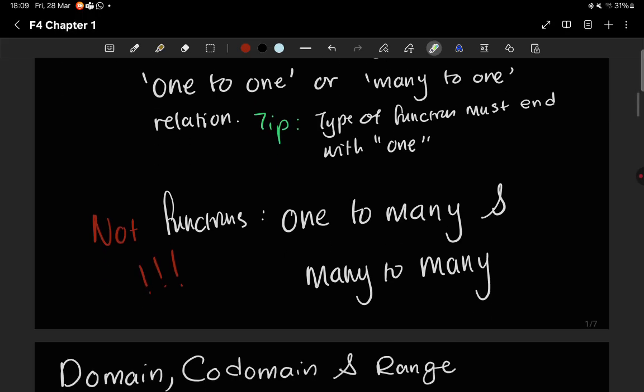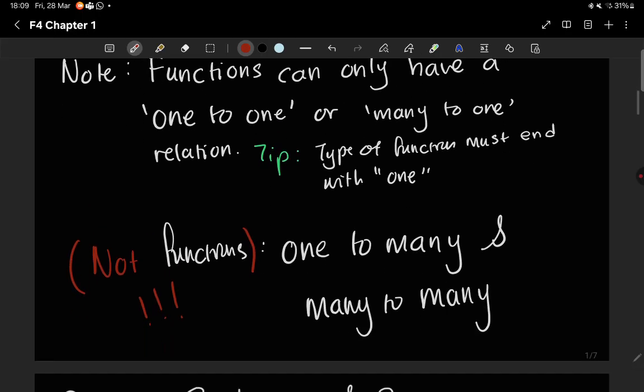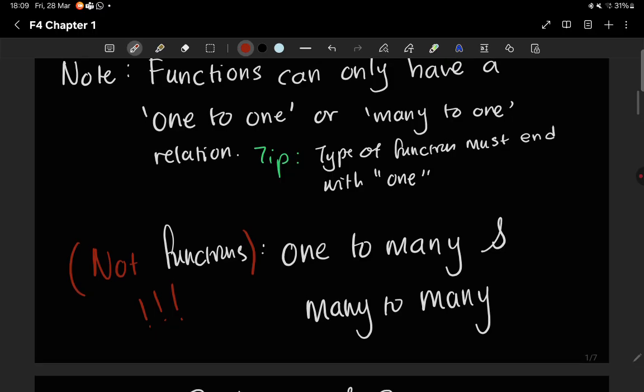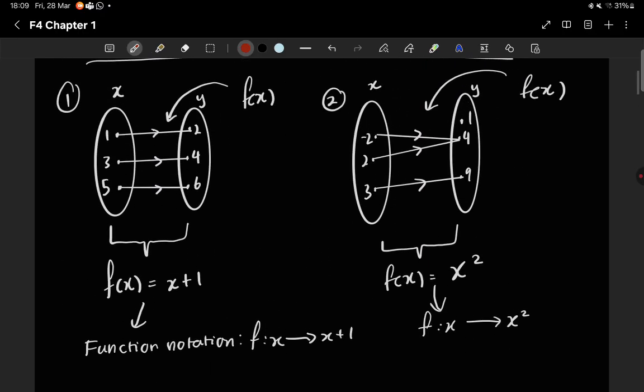Okay, so there are two other relations that I'll show you that are not functions. So let me try to visualize what is not a function. Just take a moment to ignore these numbers and focus on the dots here.